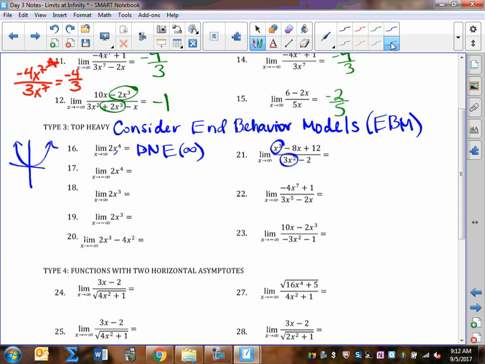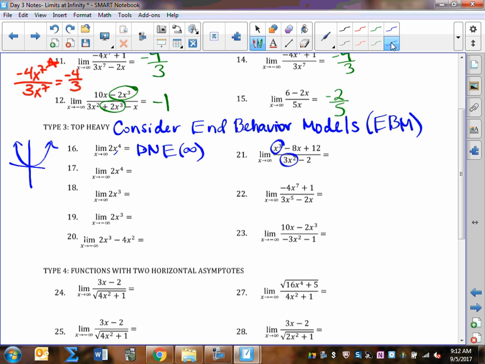If I plug in positive infinity, am I going to get back positive infinity or negative infinity? Yeah, positive infinity. A really large positive number to the fourth power is just going to be another really large number. So those are your two options: consider end behavior, or plug in a really large positive number or positive infinity.